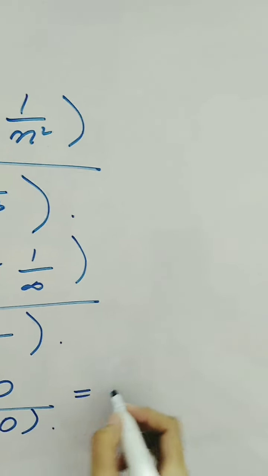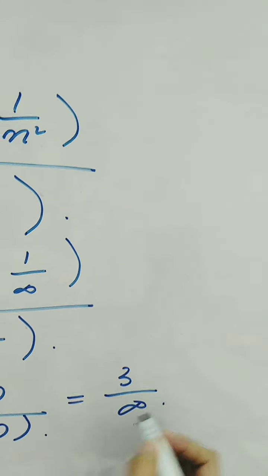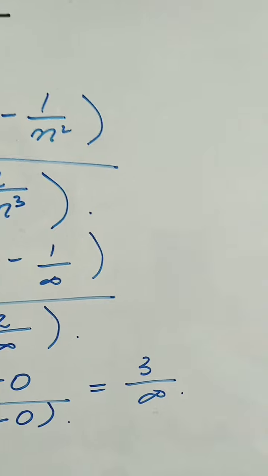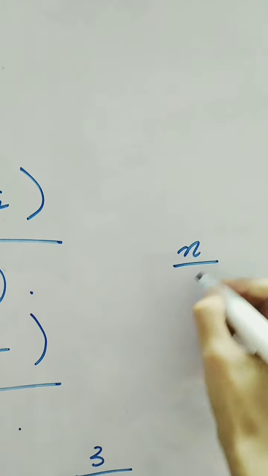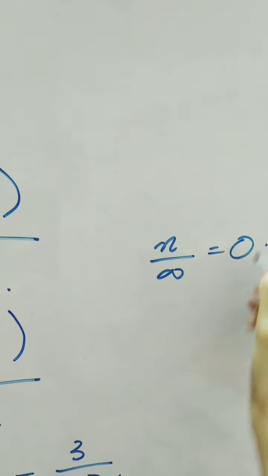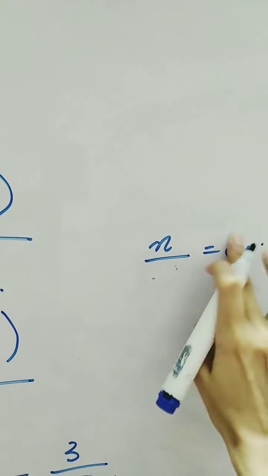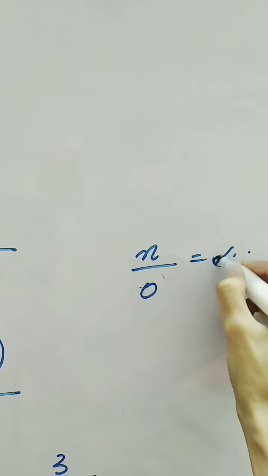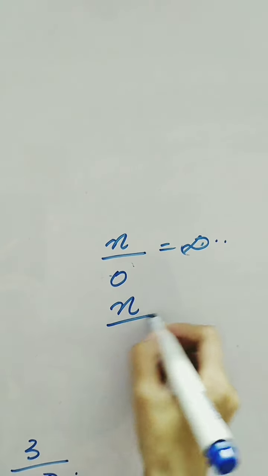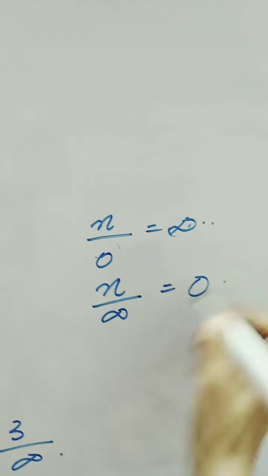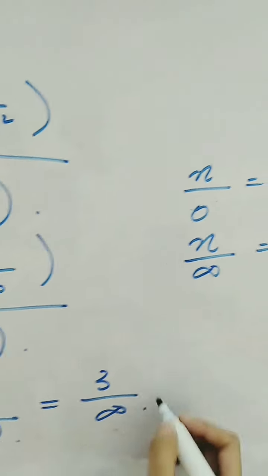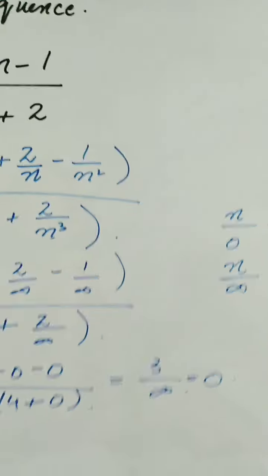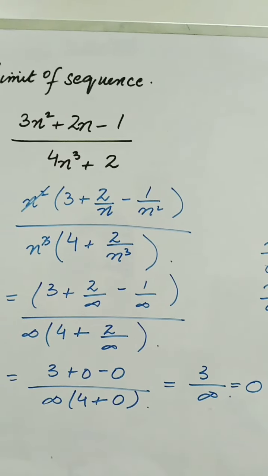We have 3 over infinity, as anything multiplied with infinity becomes infinity, and we know that anything divided by infinity is equal to 0. Anything divided by 0 is equal to infinity, and anything divided by infinity is equal to 0. So here 3 is divided by infinity and it becomes 0. So the limit of the sequence is 0.